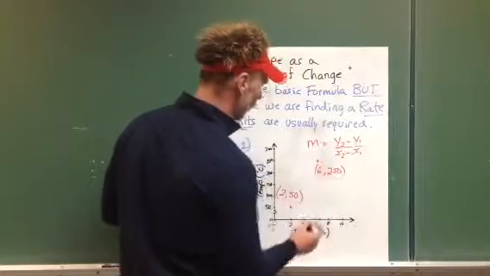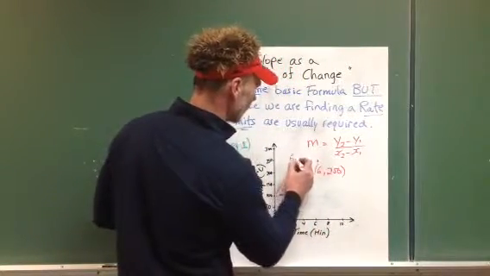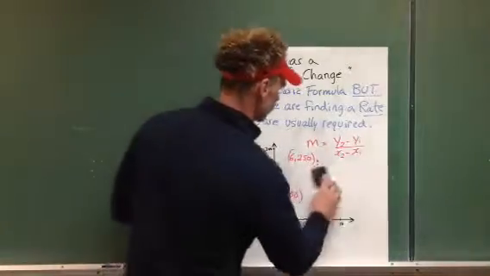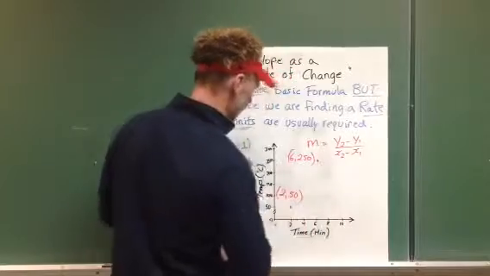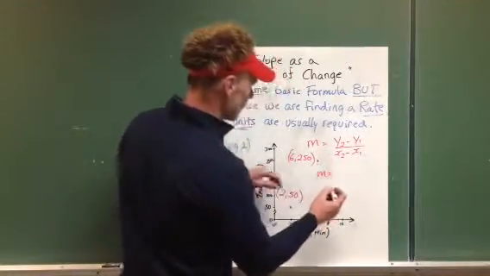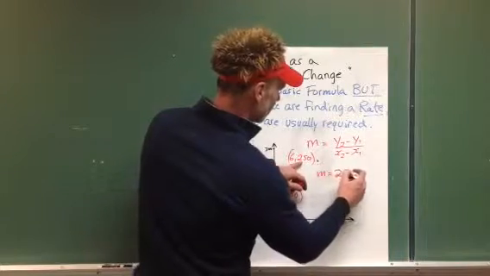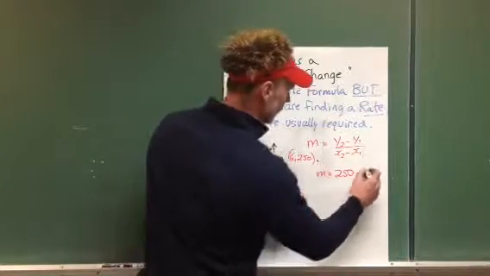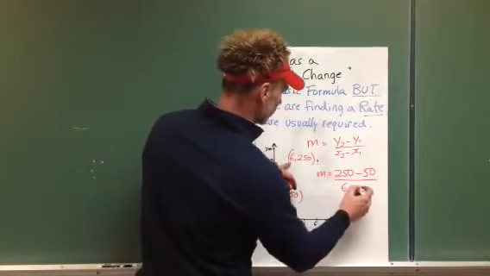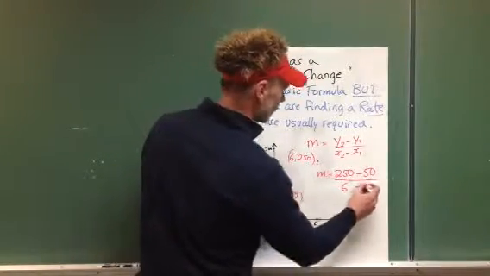So now going back to this formula, let me move this over. (6, 250) is that point. Okay, so now going to this formula, slope equals 250 minus 50 over 6 minus 2.